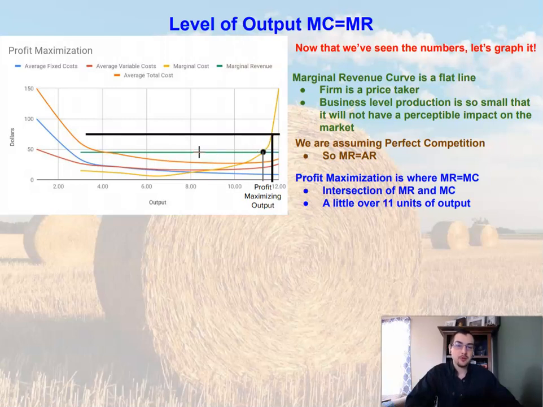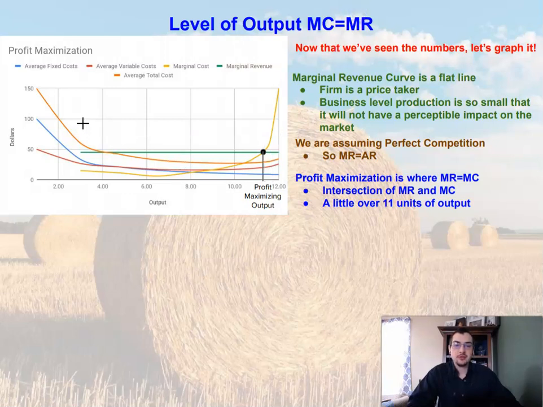Because what if we were producing at this output? We never changed our output because prices changed, but now prices increase. Well, at this same point, now our marginal revenue is greater than our marginal cost, which means we should increase production. So we begin moving up this production until we find that same point where marginal revenue equals marginal cost.